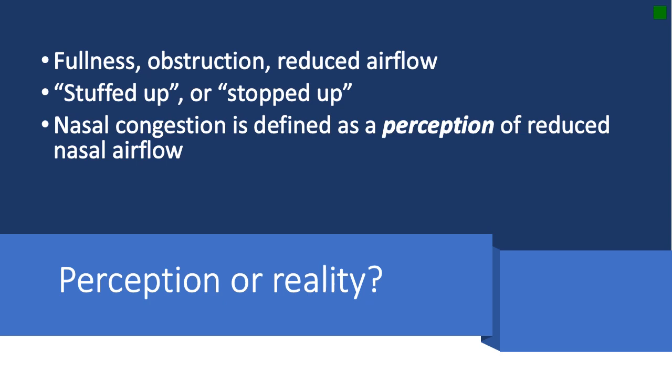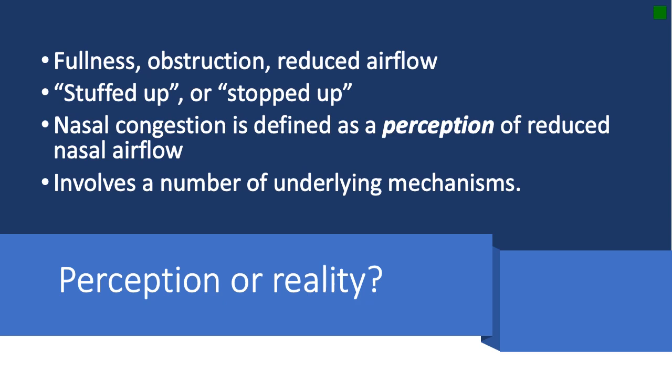By definition, it is actually a perception of reduced nasal flow. I have put those words in bold. It involves a lot of underlying mechanisms. It's not just a very simple case of a perception or of a physical factor. We will be examining what those underlying mechanisms are in this presentation.